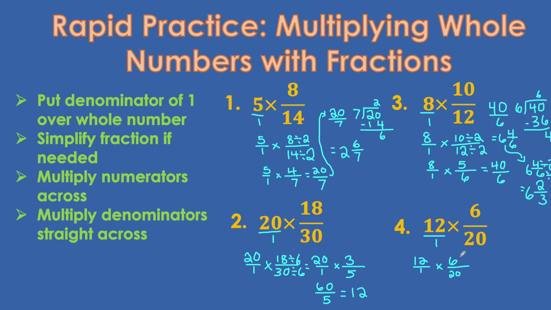Find the greatest common factor between these two numbers, which would be 2. Divide top and bottom by 2.